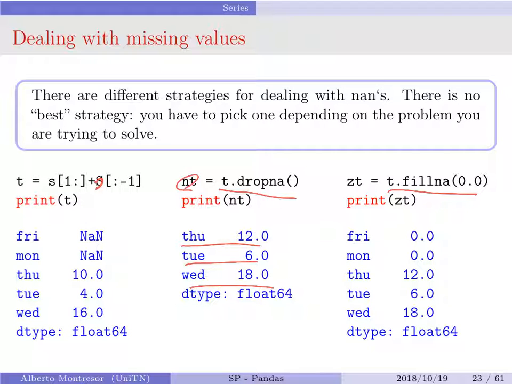Note that I've created other variables to contain that. At that point, every not number is equal to 0. Why is this not the normal behavior of not a number? Because we don't know what is the semantics of this sum. If the sum is please sum together the hours of sleep, then 0 could be a reasonable response. No, it's not really a reasonable response in this case. In some cases it could be a reasonable response, and in other cases you want to know just what happens in the common days.